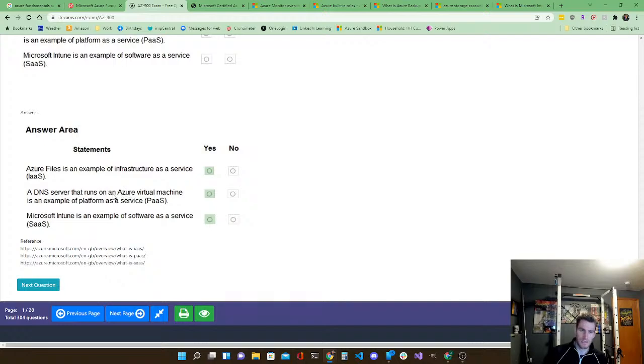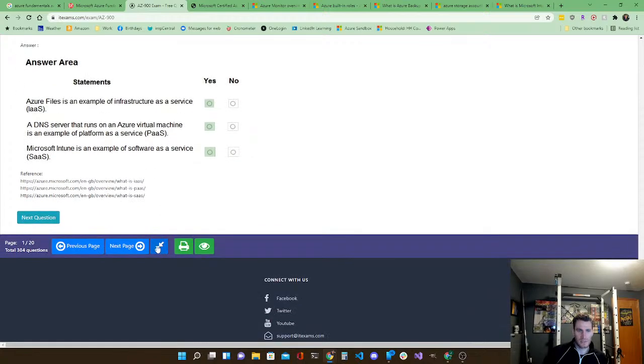It's who's setting that up. To me, it sounds like they're saying you're setting up the virtual machine. But I guess in this case, you're not. So it's really just saying a DNS server in Azure is platform as a service. Also, isn't DNS kind of a networking thing, which makes it infrastructure? I don't know, man. Okay. Well, we got the other ones right, I guess.